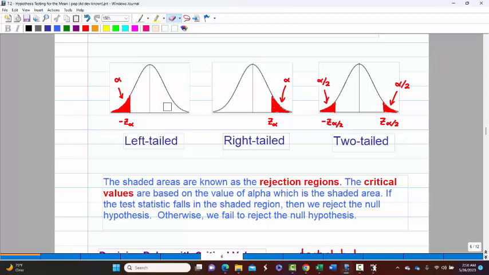If it falls anywhere on the other side, it's not rejected. So that's why it's called a rejection region. The shading is where you reject. Now, of course, in a two-tailed test, the number's not going to fall in both places. But if it's in one end or the other, that's good enough to reject. All right.